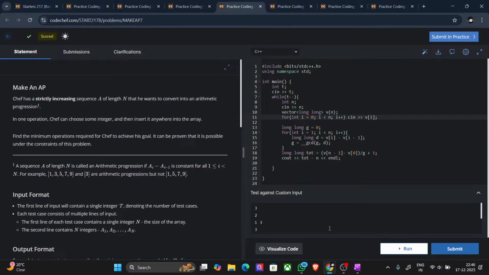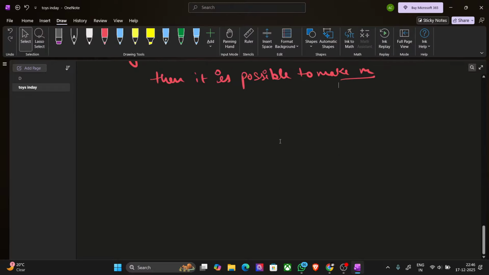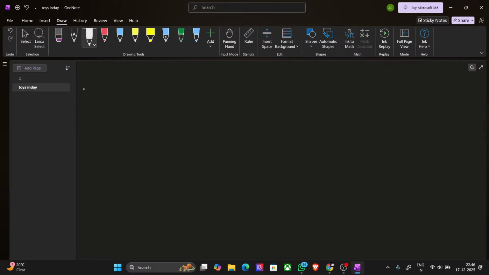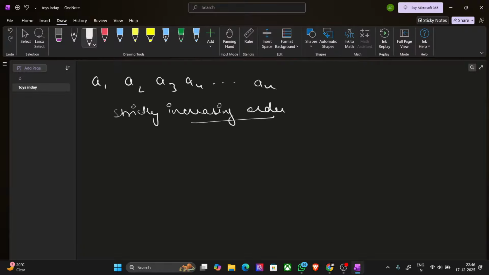Okay, so it's quite a good problem for division 2. In this problem, we are given that Chef has an array A1, A2, A3, A4 up to AN, and each element is in strictly increasing order, right? Now, we have to make this array an AP.